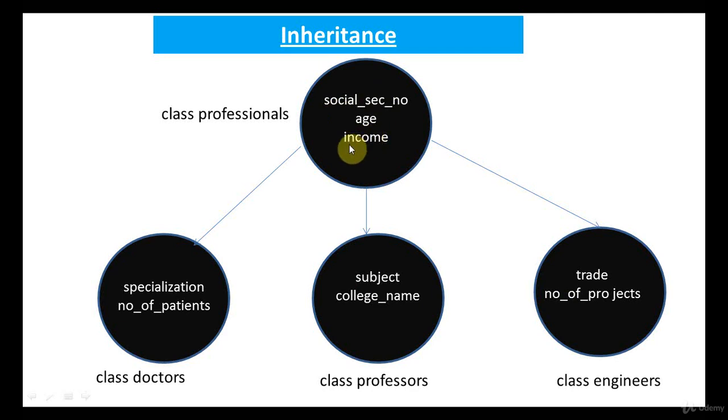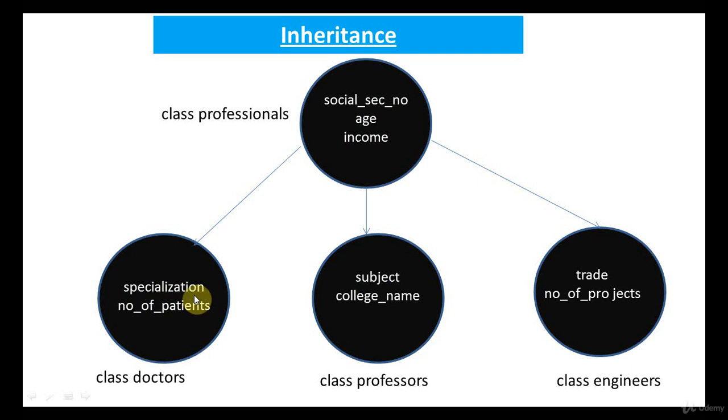That means these three data, social security number, age and income, are going to be associated with all these classes, Doctors, Professors and Engineers. So instead of declaring them separately in their classes, we can come up with a superclass, a parent class that would have this common data, and these classes are called subclasses or derived classes.